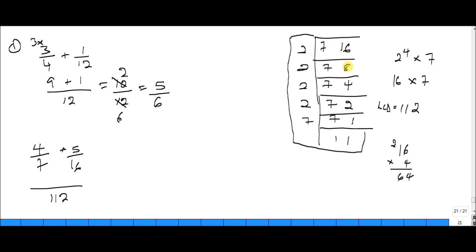We say 2 into 16, 8. Using 2 again, 2 into 7, leave a remainder, write it back. 2 into 8 will go 4 times. Using 2 again, 2 into 4 will go 2 times. Using 2 again, 2 into 7, write back the 7, and 2 into 2 will go 1 time.